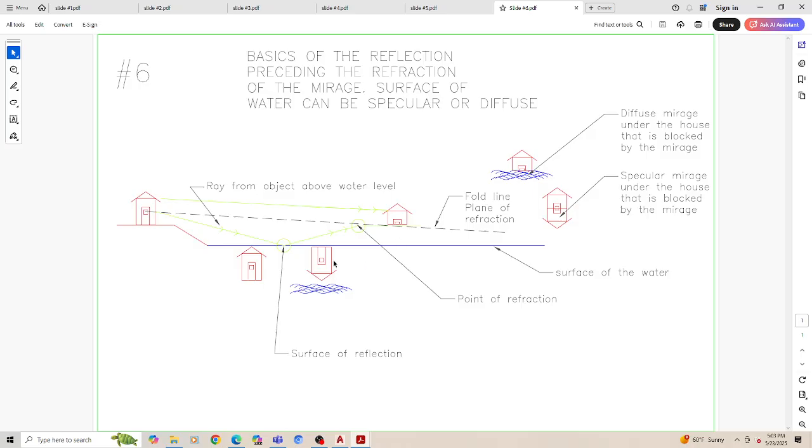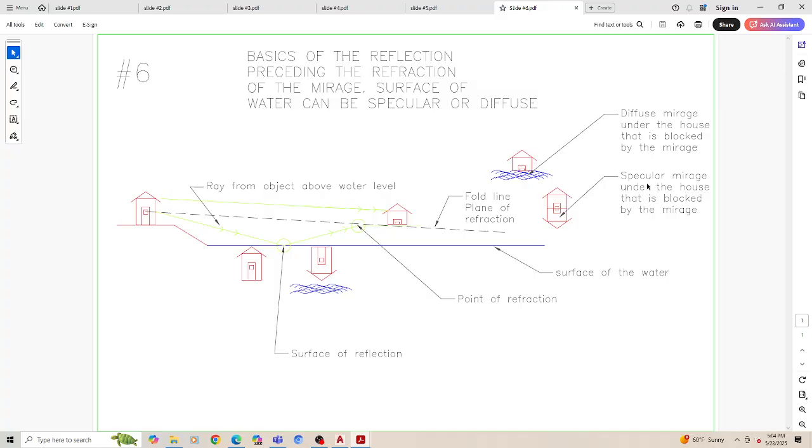All this information is converging with the information above the plane of refraction. And you're going to even see this house mirrored upon itself. Okay, that's the specular portion of the mirage.